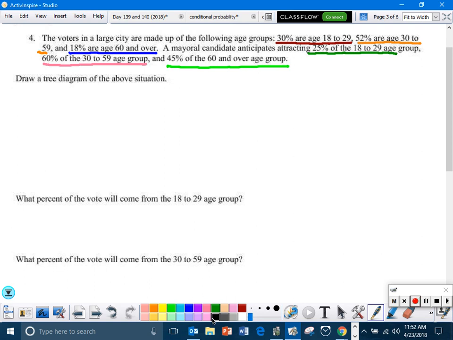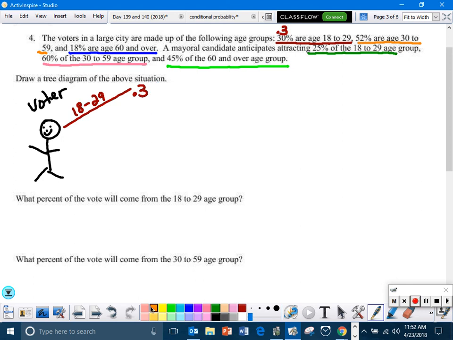All right, so we're going to start with our voter. Now, we've got three age groups. We have the age group 18 to 29, and we must convert the 30% to a decimal. We have to use decimals on the tree diagram. Okay, 0.3.